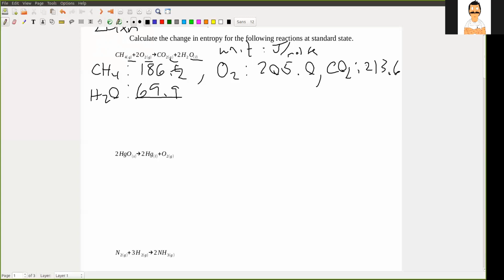It's very important that you keep track of what state your matter is in when you look up the entropies, because if you use the wrong state of matter, gaseous water instead of liquid water in this case, then your result will be different. That will likely cause you to choose the wrong answer in a multiple choice problem or yield the wrong answer on a short answer problem. So please make sure that you focus on not just the species, but also the state of matter.